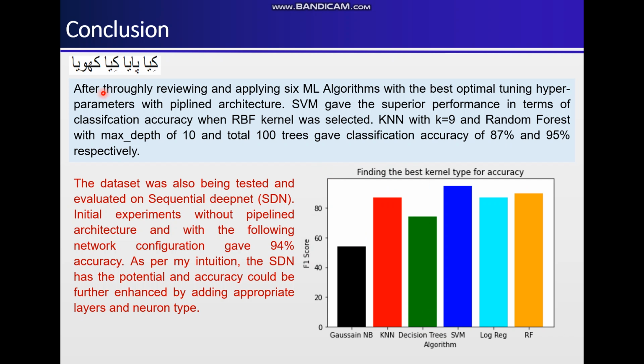After thoroughly reviewing and applying 6 machine learning algorithms with the best optimal tuning hyperparameters with pipeline architecture, SVM gave the superior performance in terms of classification accuracy when the RBF kernel was selected. KNN with k as 9 and random forest with the maximum depth of 10 and in total 100 trees gave classification accuracy of 87% and 95% respectively.